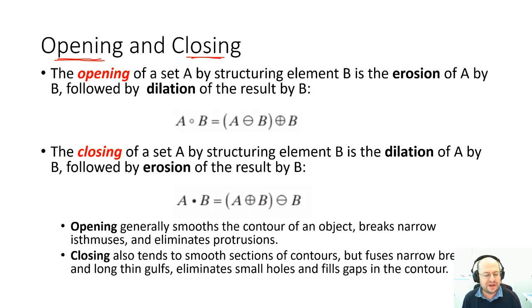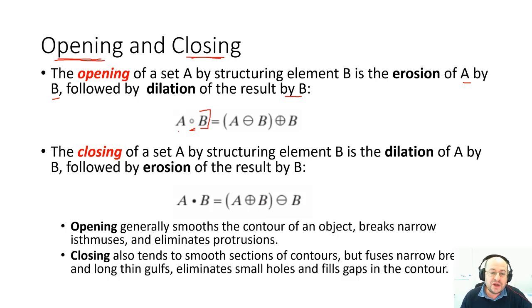Now, the opening, let's read this. The opening of a set A by a structuring element B is the erosion of A by B followed by a dilation of the result by B. This is the symbol for opening. It's a little empty ball. It's fine to remember. It's a ball with nothing inside.